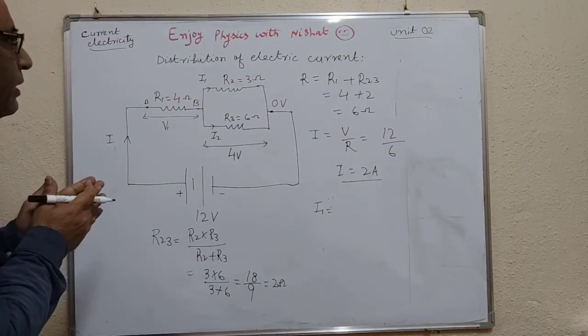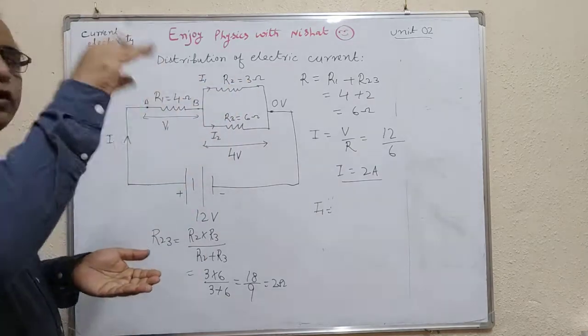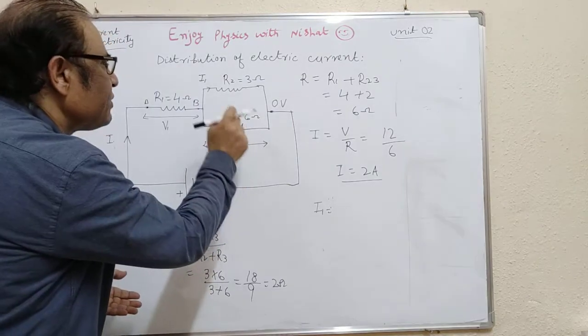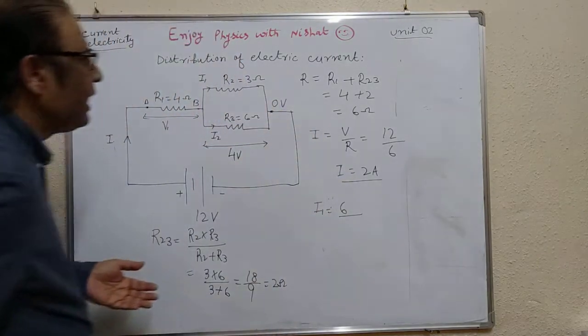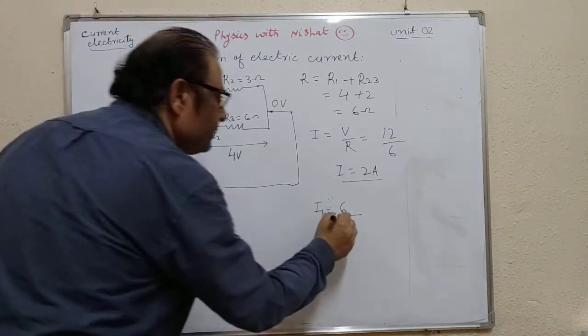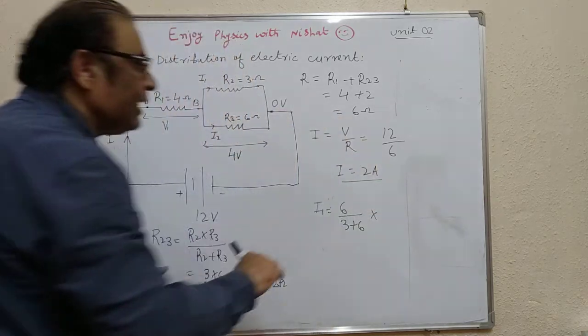For I1, what is the resistance? 3 ohm. Because you are finding I1, take the resistance of I2, that is 6, and the sum of both, 3 plus 6, into main current.